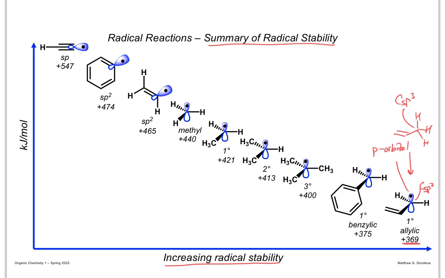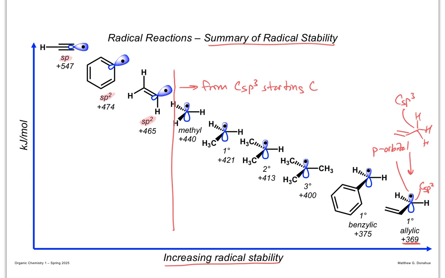So I'm going to draw a line right here. Those radicals all come from sp3 hybridized carbons to start with. To the left of that line, sp2, sp2, sp.